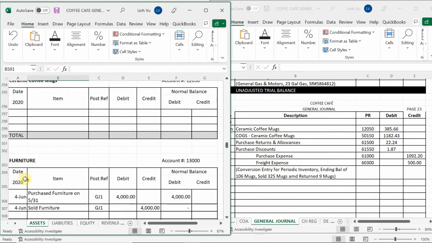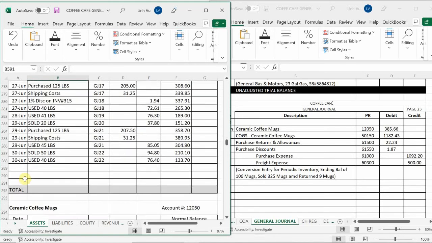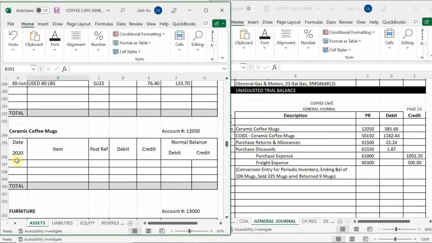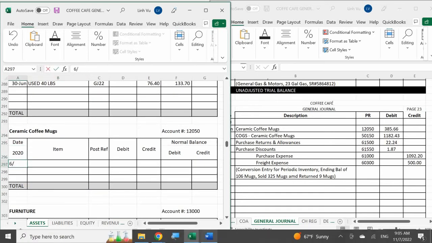I finally have some ceramic coffee mugs. Here we are. And you can put adjustment. You have an ending balance of 106 mugs.